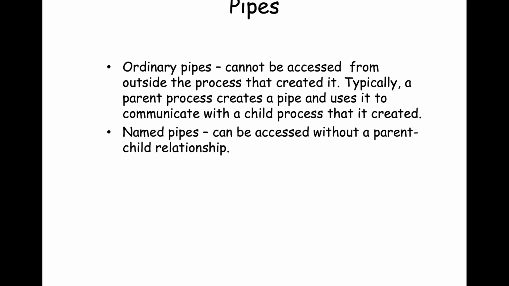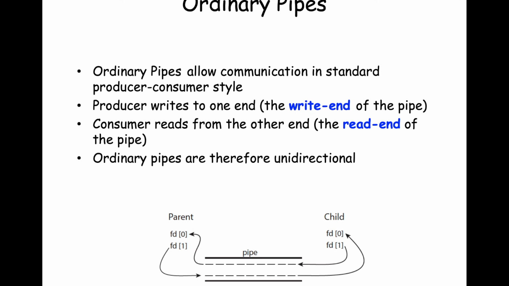And so that's one type of pipe called an ordinary pipe, where the processes involved in the transfer of the information or the coordination by sending data through the pipe must have a relationship. That's an ordinary pipe. A named pipe can be accessed without this parent-child relationship, so that means it's intermediated by the operating system kernel. So an ordinary pipe allows communication in a standard producer and consumer style.